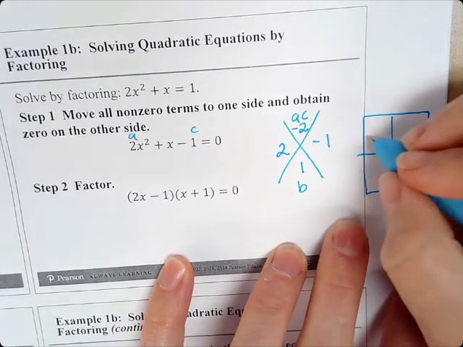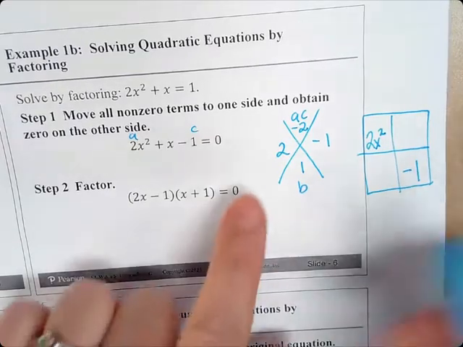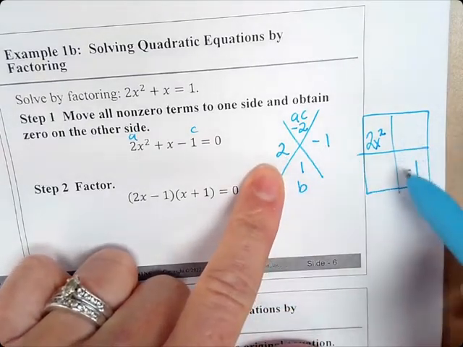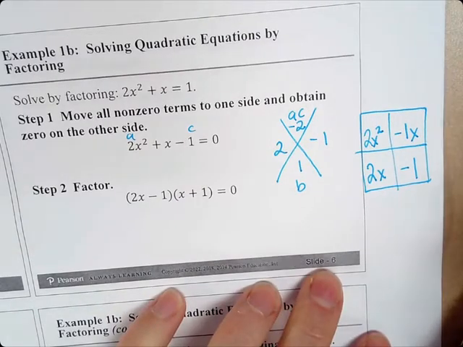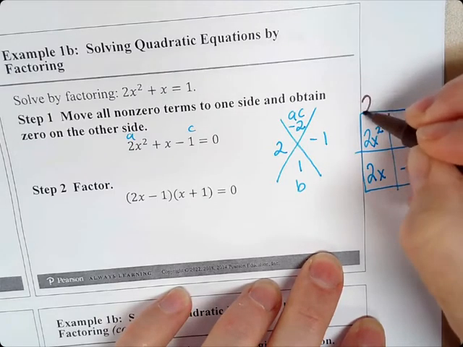We know that 2x squared is in the top left, and then -1 is in the bottom right. And then these two go in the diagonals. So this will be 2x, and this will be -1x. Then we would factor the rows and columns. If I factor this column right here, it would be 2x.